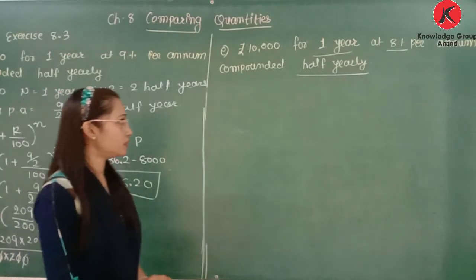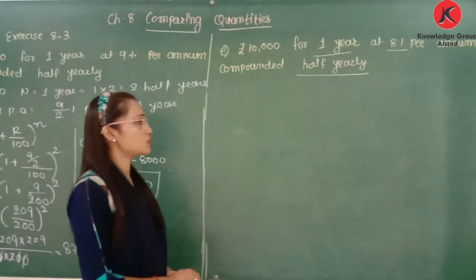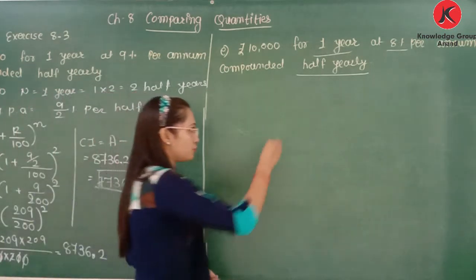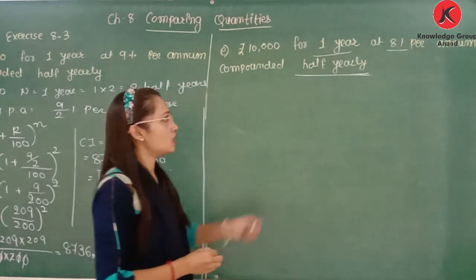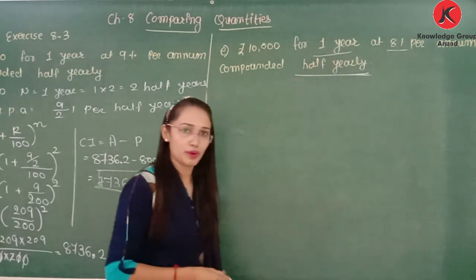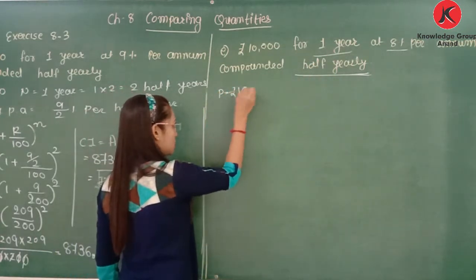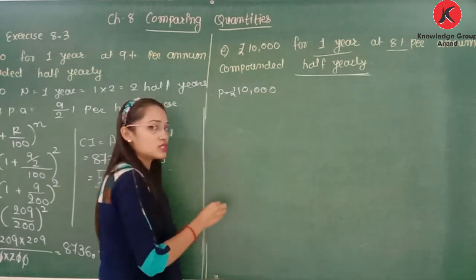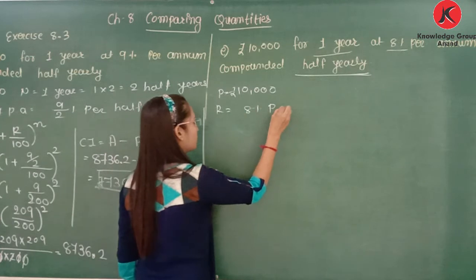Now next example: rupees 10,000 for 1 year at 8% per annum compounded half yearly. Since it is compounded half yearly, your rate of interest will be divided by 2 and N will be multiplied by 2. So P, the principal value, is 10,000, and the rate of interest is 8% per annum.